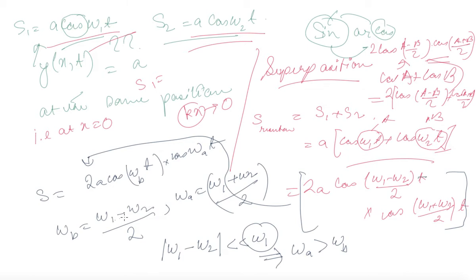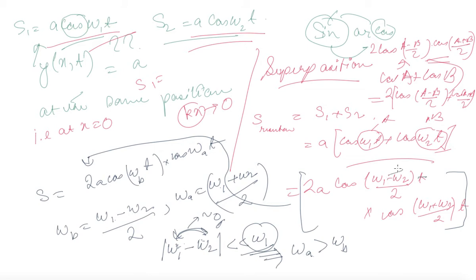If the difference between these two is very small, it will tend to 0, because for the production of beats I have taken omega 1 and omega 2 to be very close. So omega a will be very much greater than omega b. What was omega a? Omega 1 plus omega 2 divided by 2. What was omega b? The difference divided by 2. So the resultant wave is oscillating with the average angular frequency omega a.